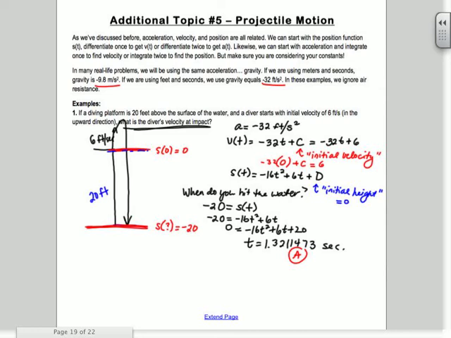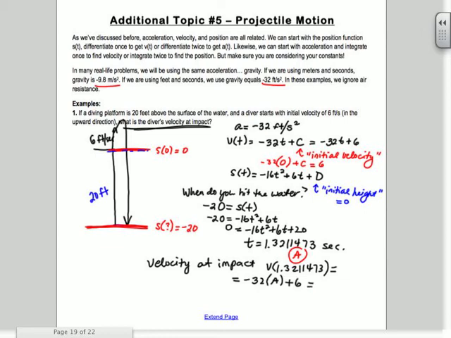So that's the time that you hit the water. We want to know the velocity at impact. So the next thing we do is we take that time and we plug it in for the velocity equation. So we plug in A. So it's negative 32 times whatever A was, plus 6.